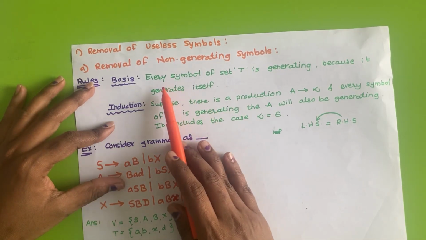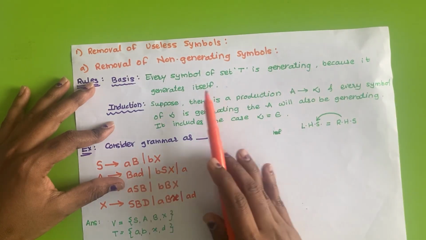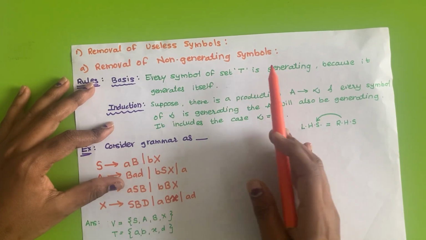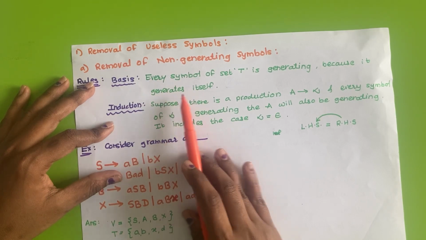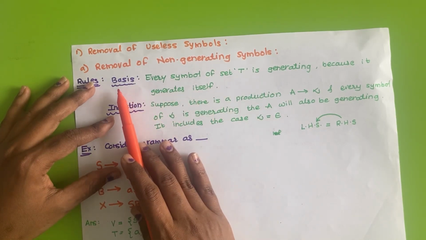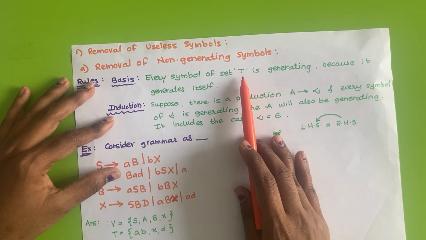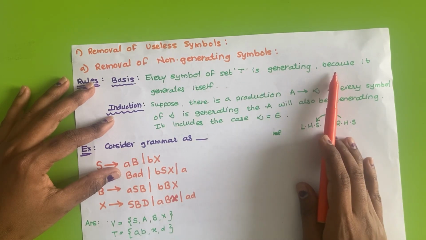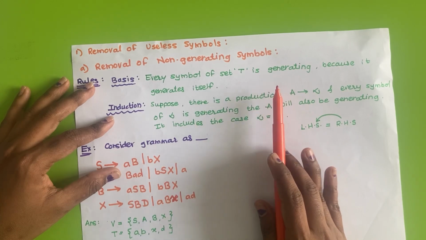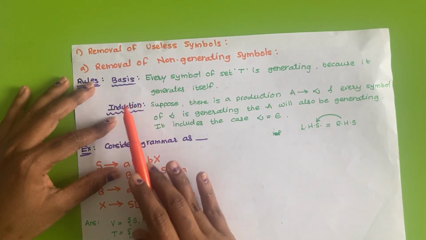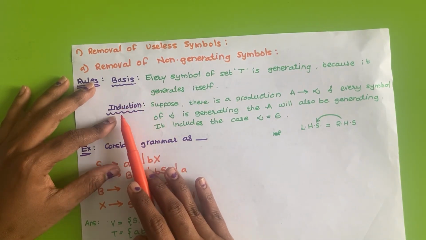They don't need to be generated by others, they generate themselves. So if the set T contains suppose 4 symbols, then all 4 symbols are auto generated.